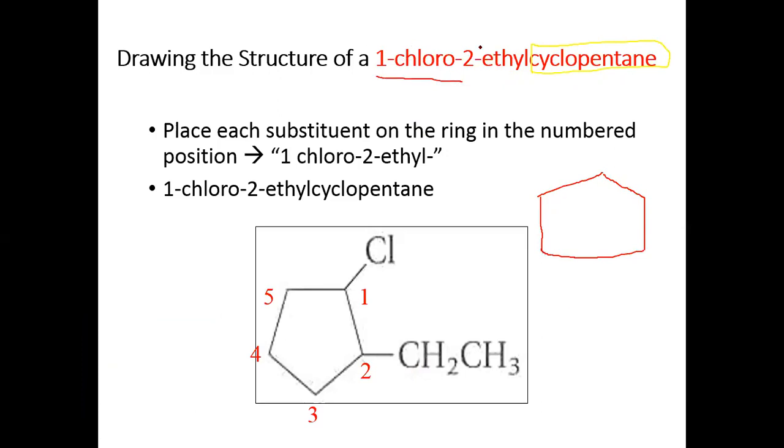Why is chloro named 1 and ethyl 2? Alphabetical order. So C first, then E. So you have Cl here as carbon 1, 2, 3, 4, 5. Chloro will get carbon 1 because of the alphabetical order. So chloro at carbon 1, ethyl at your carbon 2, C2H5. See here.